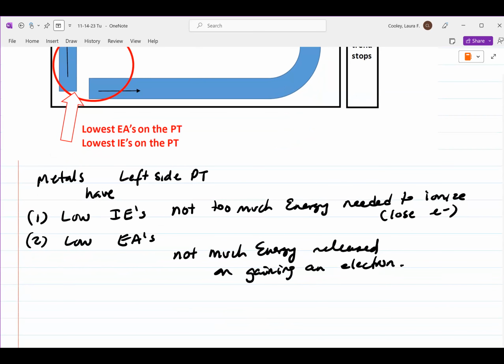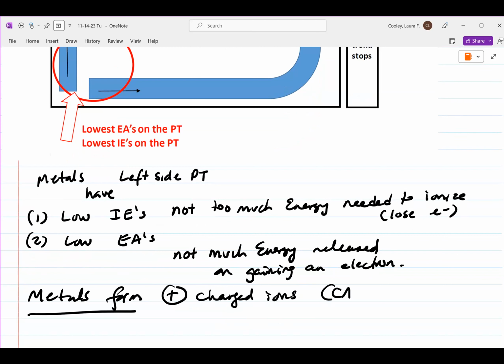What do they form? Well, they don't form ionic compounds by themselves. Which part of the ionic compound do they form? What sort of ions do they form? They form positively charged ions, cations.